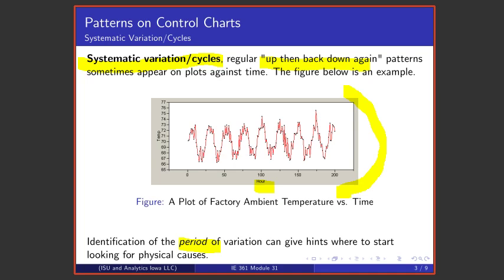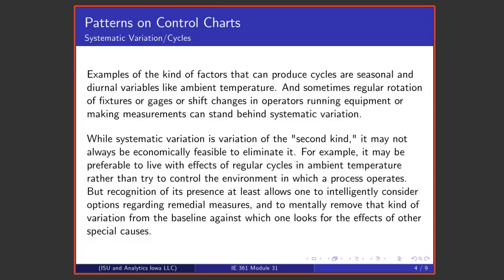That possibly could cause changes in how production processes work, how chemical processes in particular work, and understanding the systematic cycle could lead one to either try to take mitigating measures or at least be aware that things will change with time.